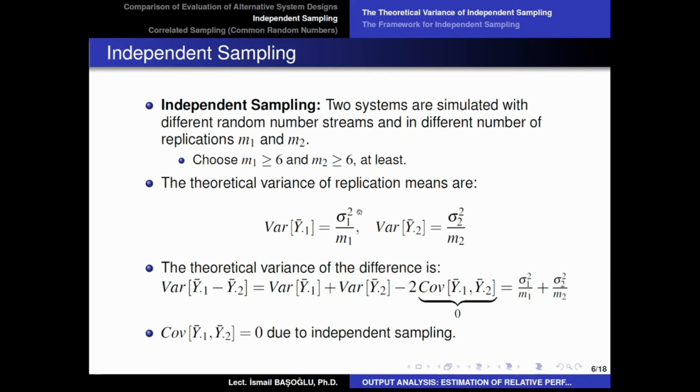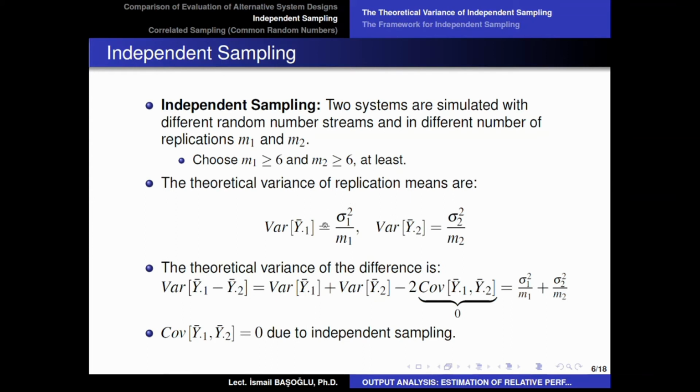Remember, sigma 1 square is the theoretical variance across the replications of the first system design, and sigma 2 square is the theoretical variance across the replications for the second system design. So this 1 and this 2 after the dots indicate that this belongs to the first system and this belongs to the second system.